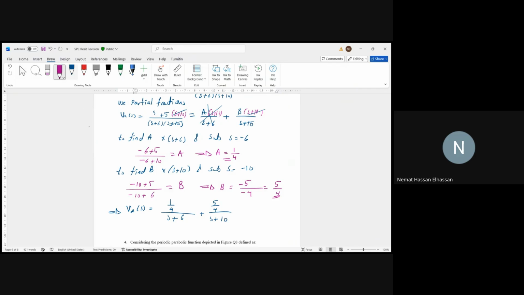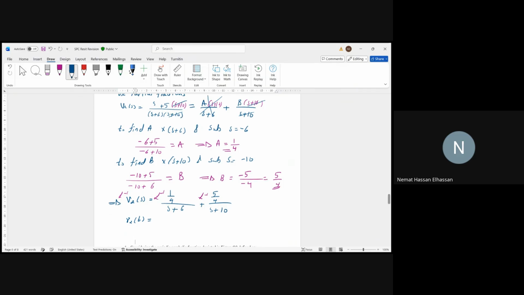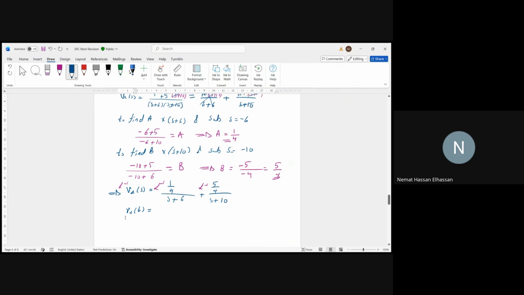And we can introduce the inverse transform to find v2 of t, and from the tables, which will be available in your formula sheet, you can find that v2 of t will be equal to 1 over 4 e to the power minus 6t plus 5 over 4 e to the power minus 10t. And this would be v2 of t that you're tasked to find.